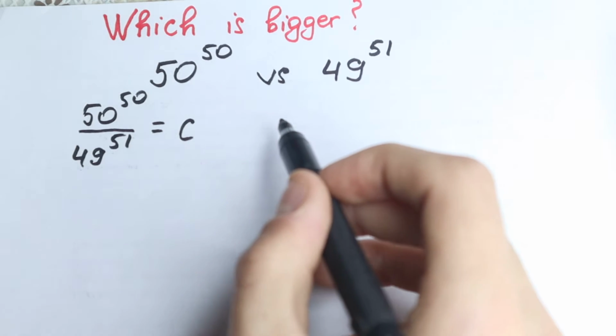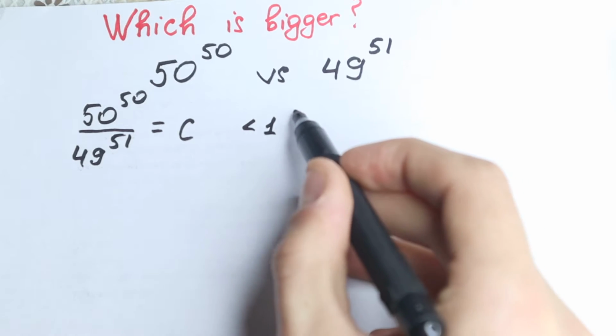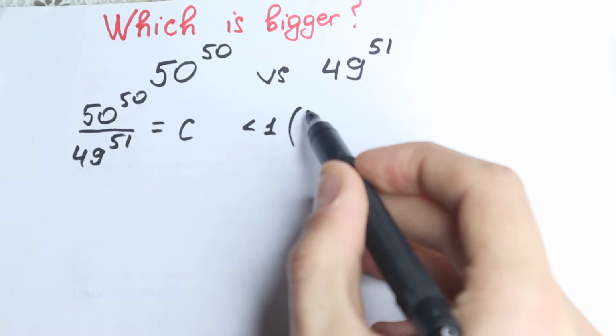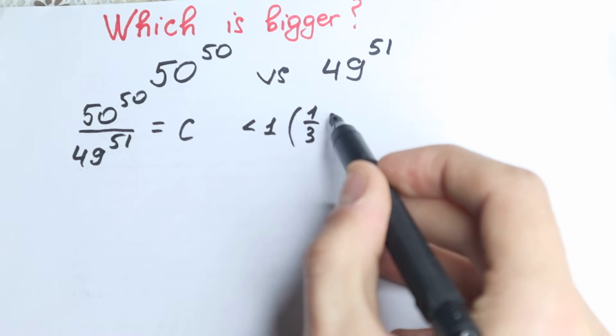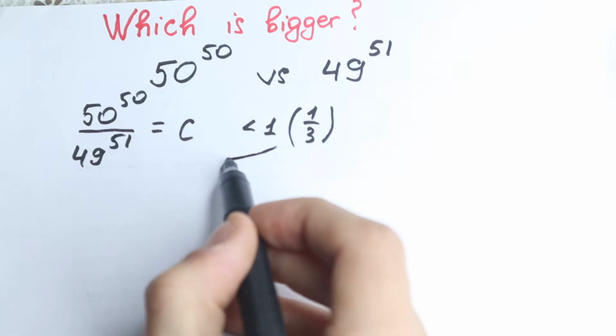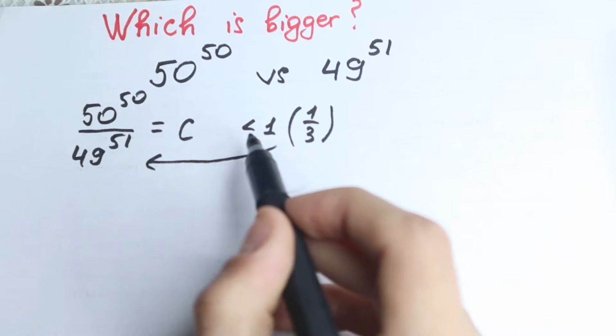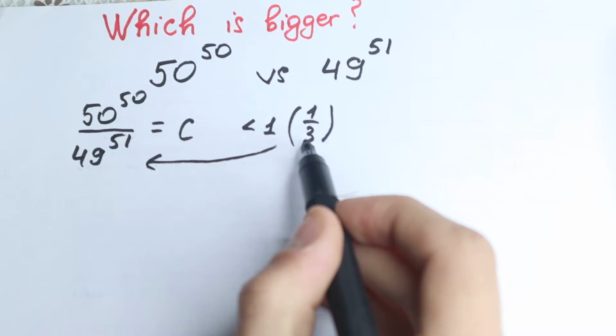If this constant is less than 1, for example a fraction like 1/3, then we can easily say that the denominator is greater than the numerator. Try to catch my idea right here. If our division is less than 1, then the denominator is greater.